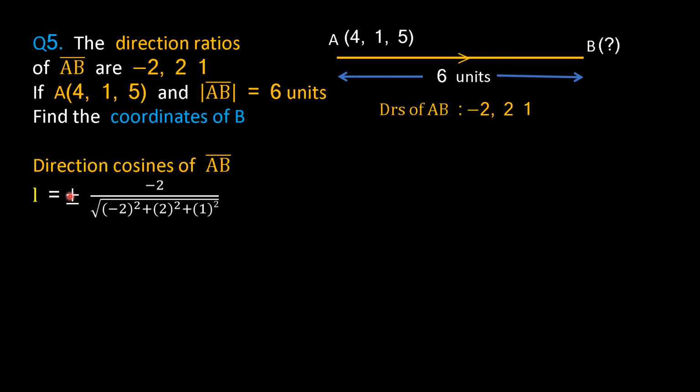So l will be plus minus -2 upon square root of -2 square plus 2 square plus 1 square. That will be plus minus -2 by 3. This will be 4 plus 4, 8, 8 plus 1, 9.